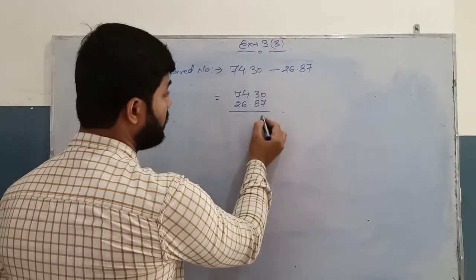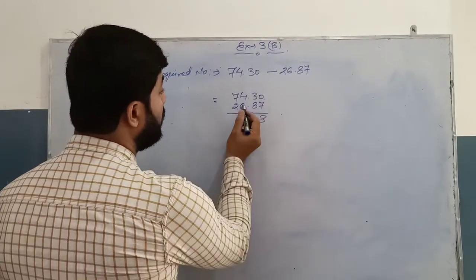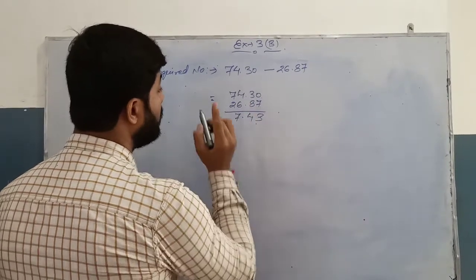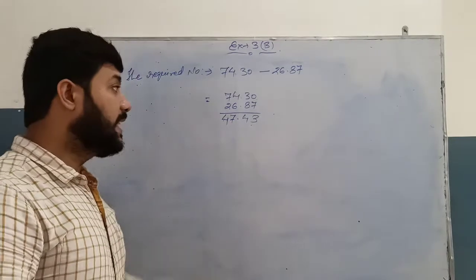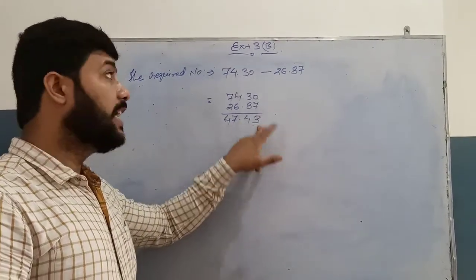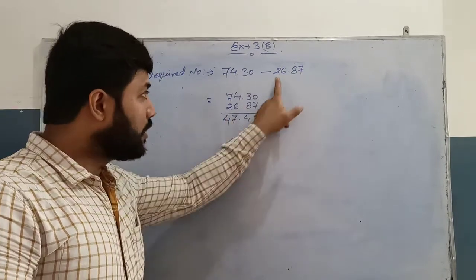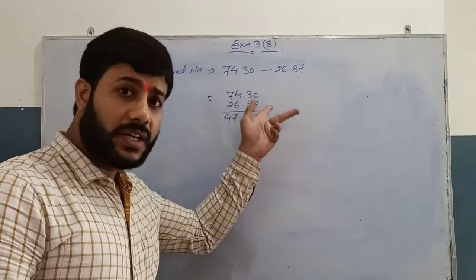Now here 10 minus 7, 3, 2, 12, 4. Now here 3, 13, 7. Here 6 to 4. So 47.43 is to be reduced from this to get this, as 26.87 is reduced from this to get this, vice versa, right?